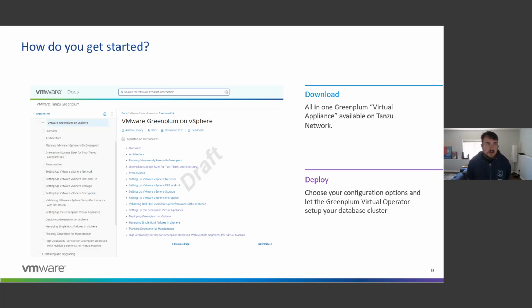So getting to the end here, and just wrapping up, and then we'll get to any questions that there might be. Getting started with all of this is actually very simple. That's one of our goals on this.